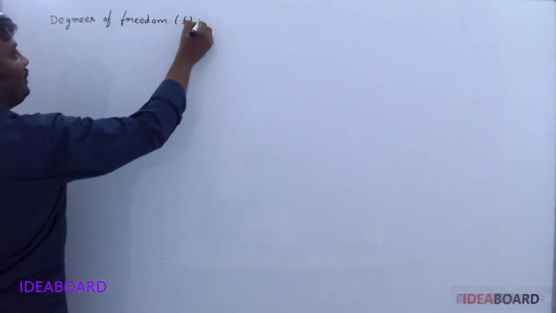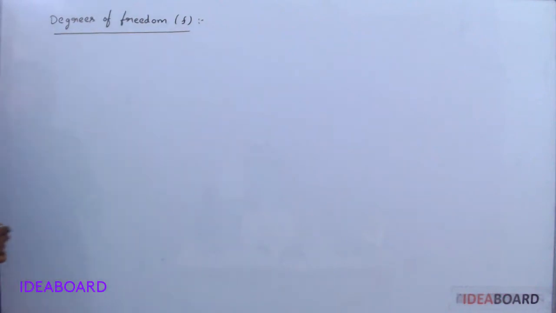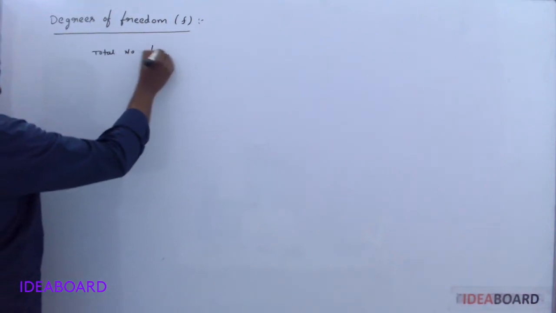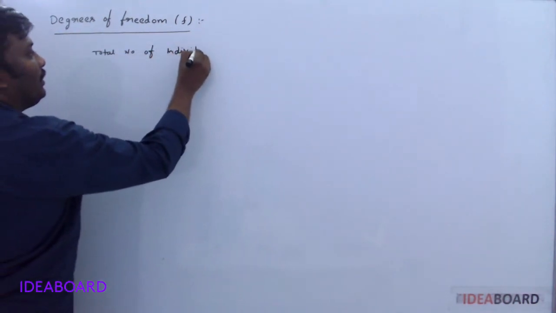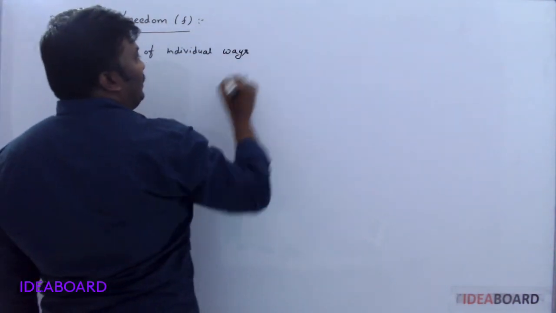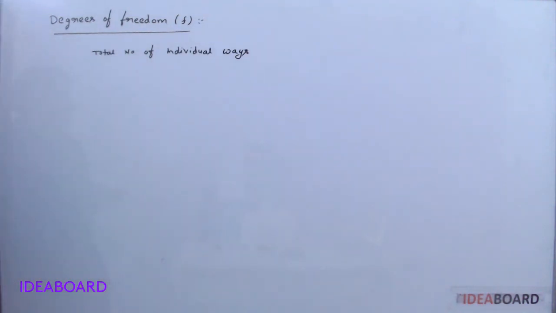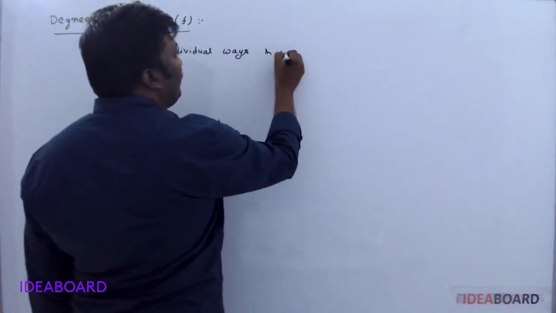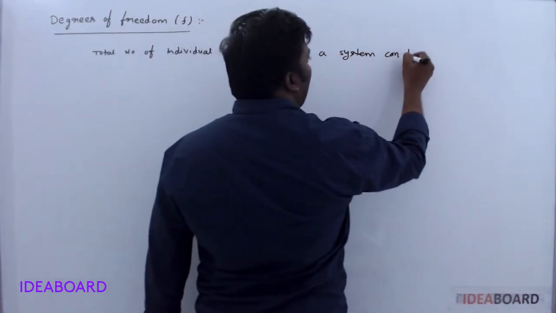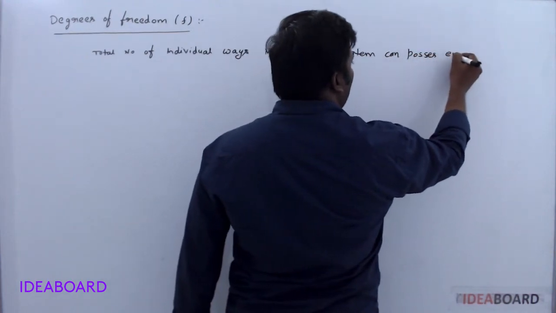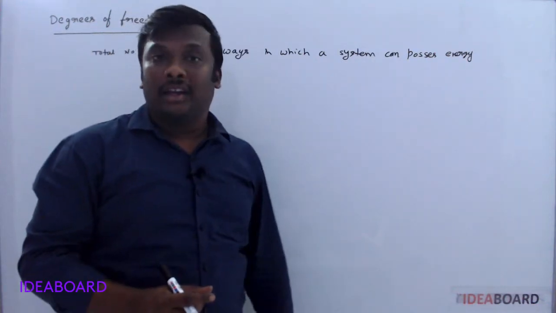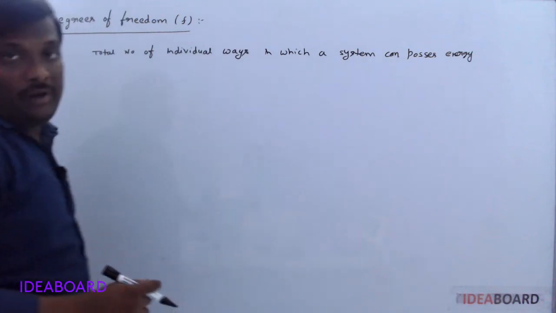It is denoted by F. It indicates the total number of individual ways in which a system can possess energy. So how many ways the system has energy is indicated by the degrees of freedom.